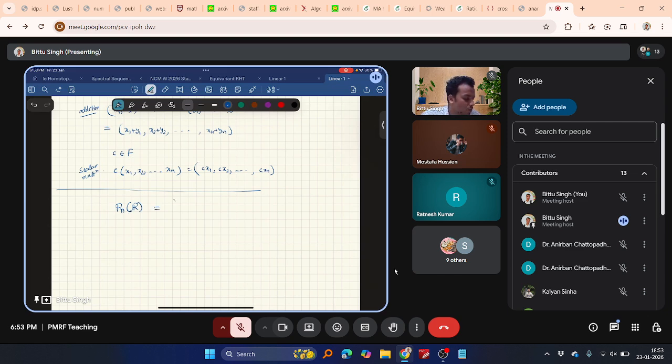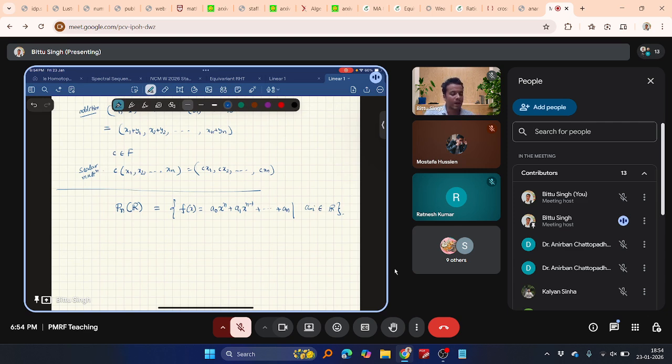So it will look like f(x), which is a0 x to the power n plus a1 x to the power n minus 1, up to an, such that all those ai belong to the reals.